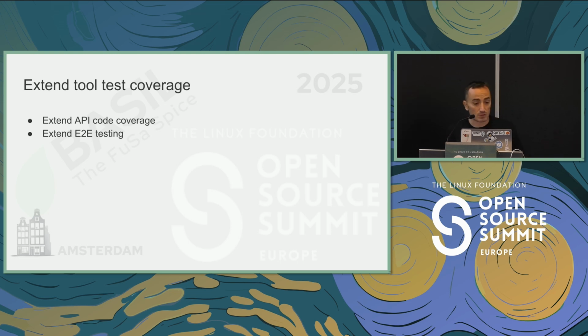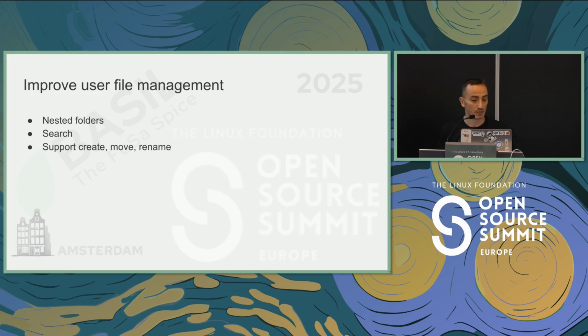Another goal is to extend the test tool coverage. Anyone is welcome to contribute. We have two main testing projects. One is a Cypress end-to-end testing, and the other one is a Python PyTest for the backend that's written in Flask. So feel free to contribute to it.